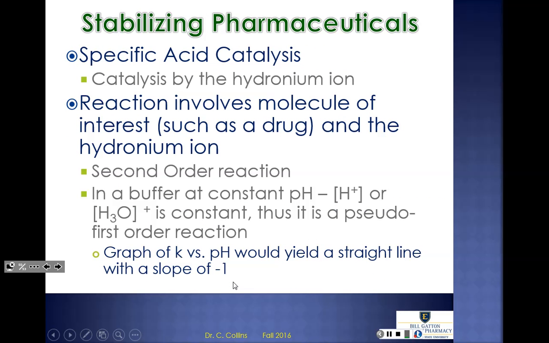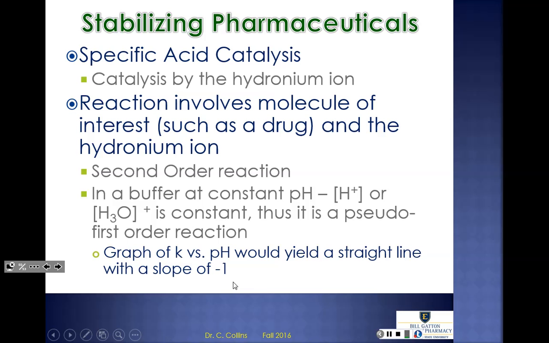All right, in terms of pH, we could have a reaction involving specific acid catalysis, in which the reaction is catalyzed. And remember, in a catalytic reaction, the reacting agent doesn't permanently change, so it regenerates. So it's not like we can use it all up, because it's just there.